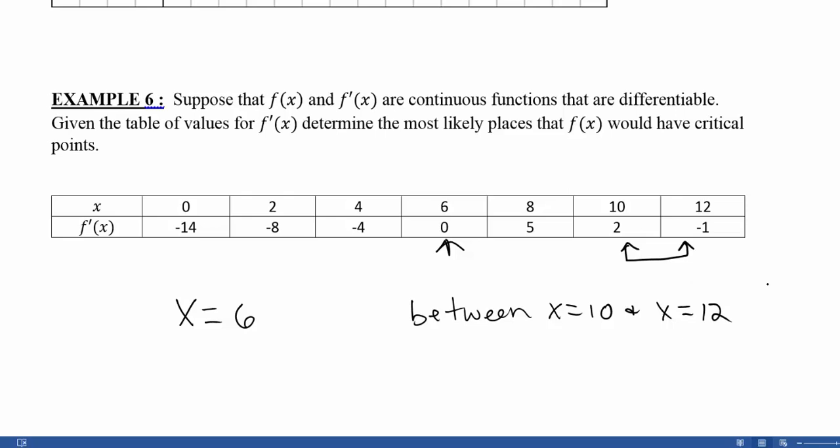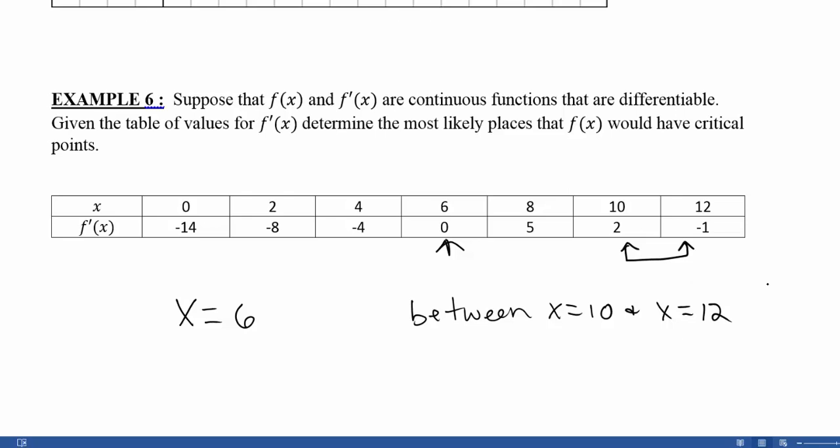So this table has two critical points, one at x equals 6 and one between 10 and 12. Now these are the most likely places. Of course, we don't know what's happening between the values, between 0 and 2, between 2 and 4. So this analysis is based on the values we have.